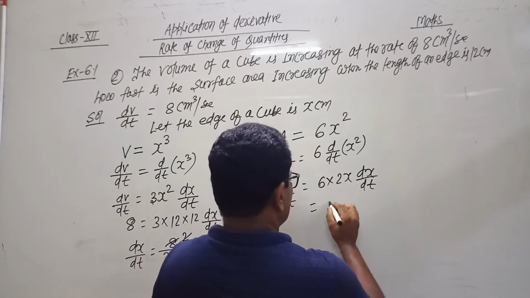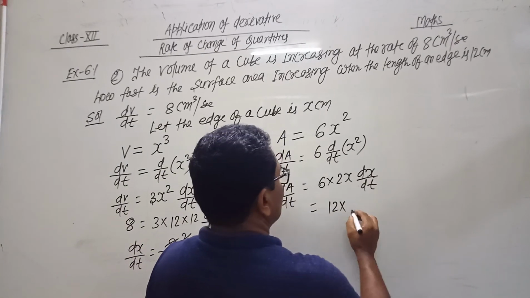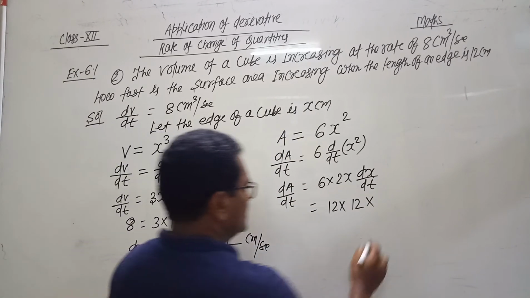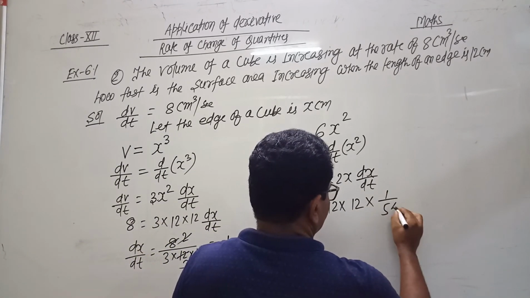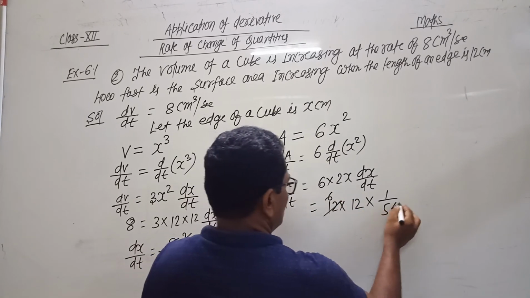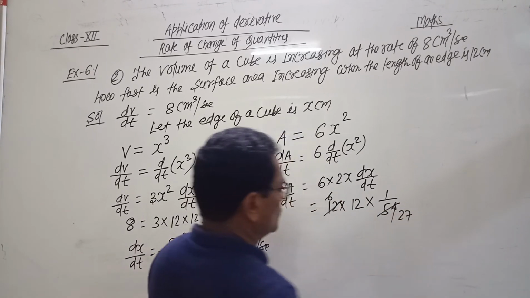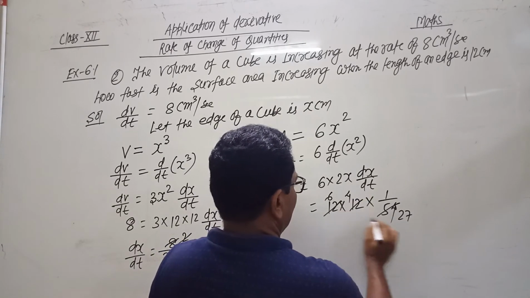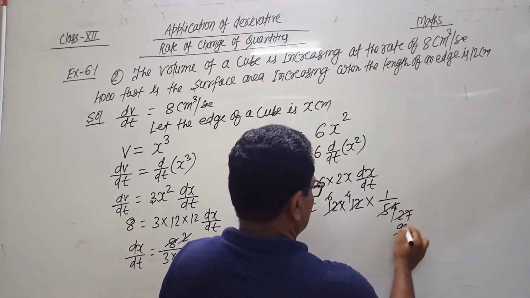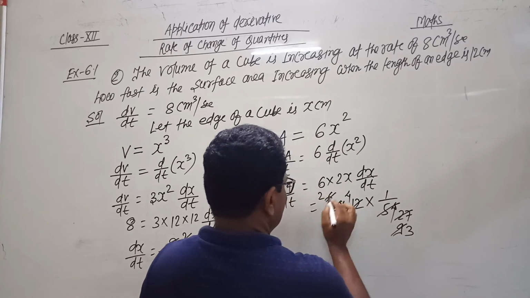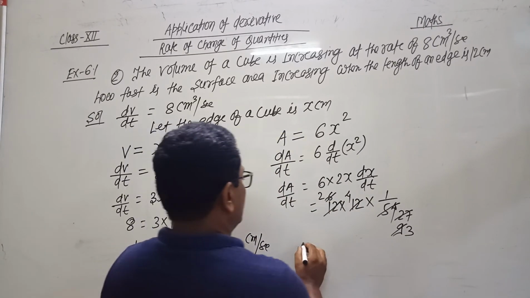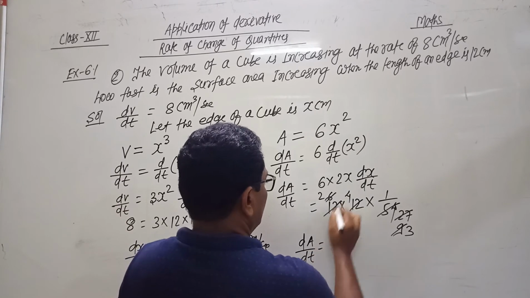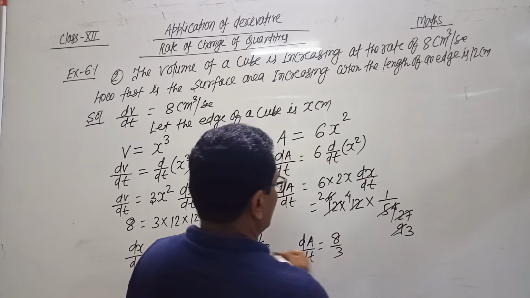So 6 into 2, 12 into x, the value of x is 12, and the value of dx by dt is 1 by 54. Simplifying, 6 twos are 12, 27 twos are 54, 4 threes are 12, 9 threes are 27, 3 threes are 9, 2 threes are 6. So dA by dt comes to be 8 by 3.